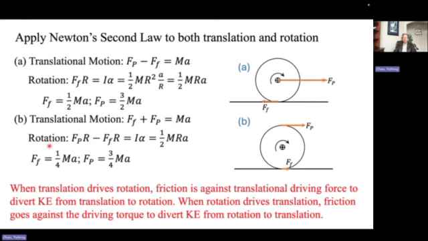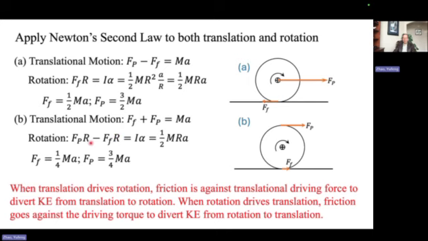So the rotational equation: the torque caused by the pulling force is positive, actually rotating clockwise, and the torque caused by friction decelerates the rotation.